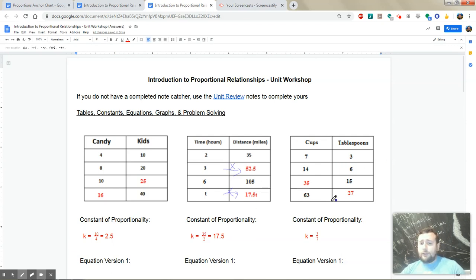But anyways, this second example uses the kind of fraction that is not a nice fraction. If you do 3 divided by 7, you end up with a decimal that is not nice and neat, it's a repeating decimal. So how do we do the math in that case? I would just do it as a fraction. So for example, when you're trying to do 15 to go this way, since you know the K is 3/7, you would have to do 15 divided by 3/7.